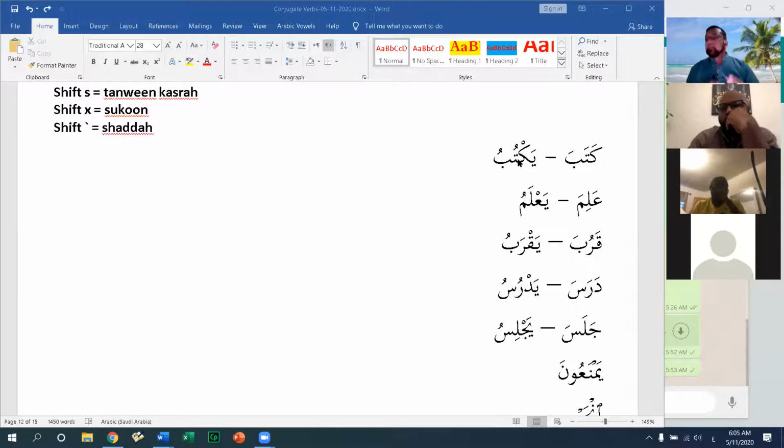And it's a pair. So you can have a verb that has fatha in the past tense and then fatha in the present tense. Or you can have a verb that has fatha in the past tense, kasra, fatha, dhamma, like kataba yaktubu.